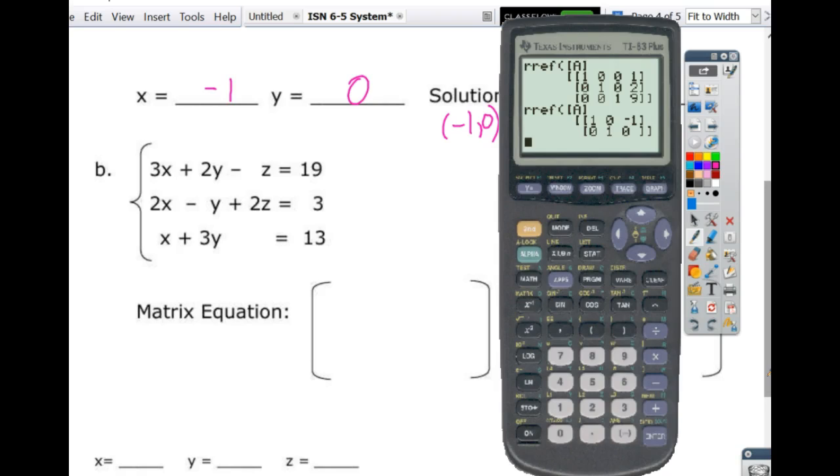So what variable am I missing in the very last one? Z. So in this Z right here, what do I have to put? 0. So I'm going to have 3, 2, -1, 19, 2, -1, 2, and 3. So this time, how many rows?